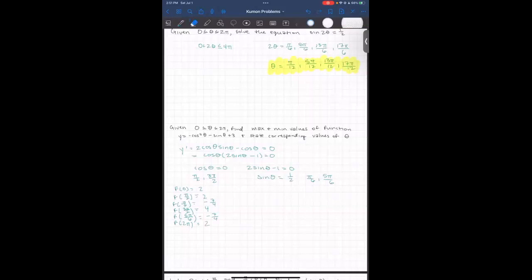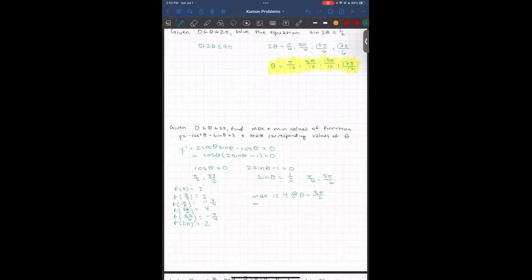So that means our maximum is 4 at theta equals 3 pi over 2, to keep our variables consistent.